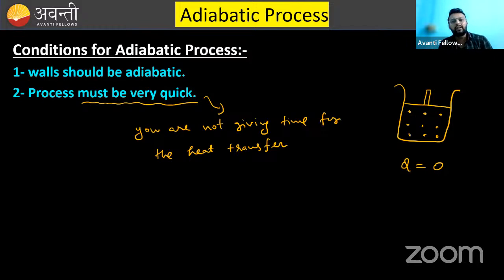That process is also an adiabatic process because it is happening very quickly. Adiabatic process is the process which happens very quickly. That may be regarded as an adiabatic process.